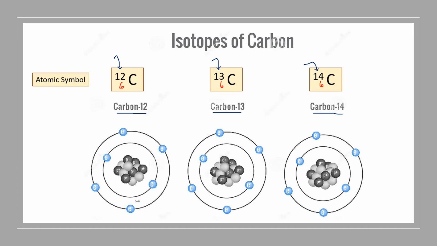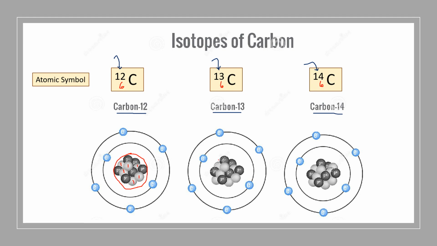So what's different with these? If the proton number didn't change, then what did change to affect the mass? That would be the neutron number. So if you look inside the nucleus right here, you can count those 6 protons, but if you also look, you can count the 6 neutrons. 1, 2, 3, 4, 5, 6.